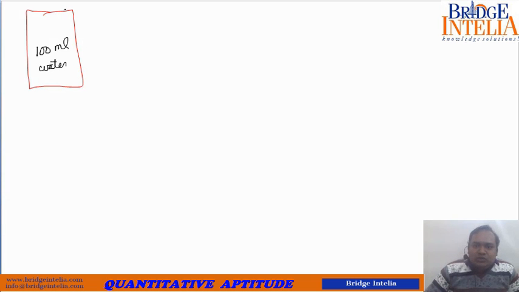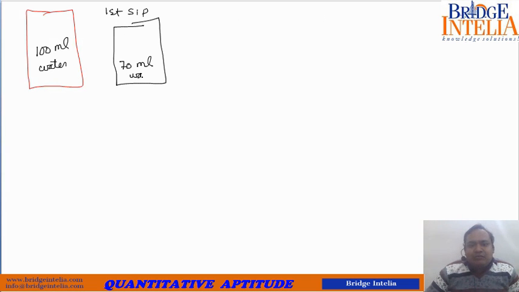So he took the first sip, that means he drank 30 milliliters. After the first sip, in his glass only 70 milliliters of water was present, because he had already drunk 30 ml. Each time he drinks 30 ml.